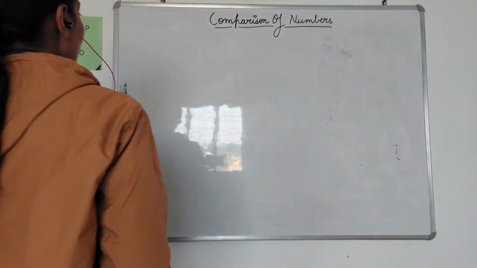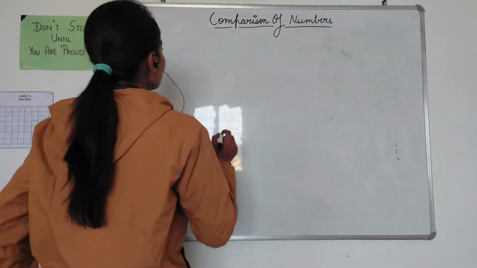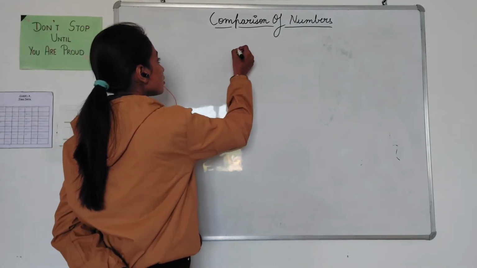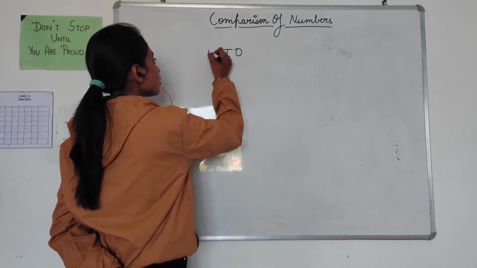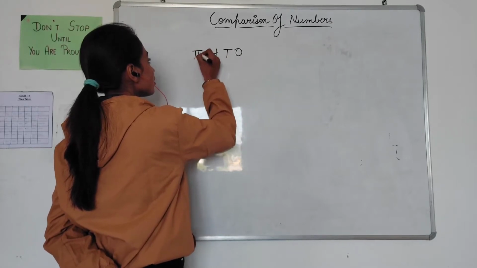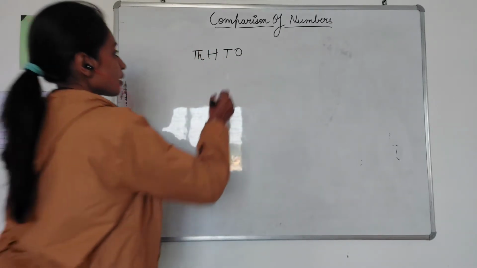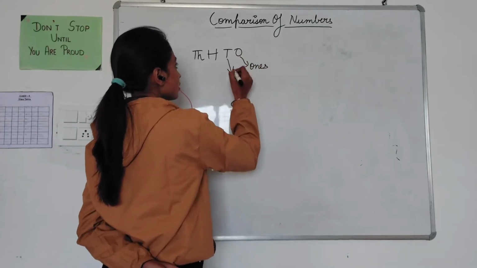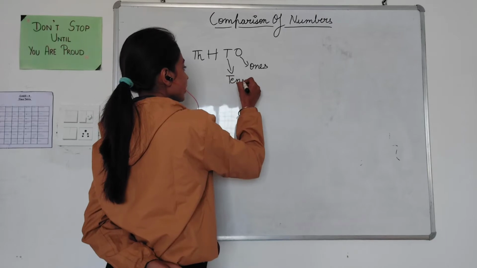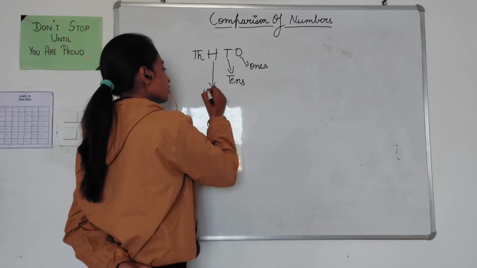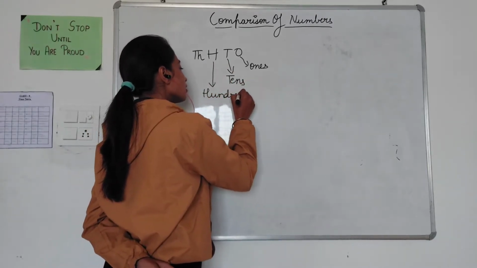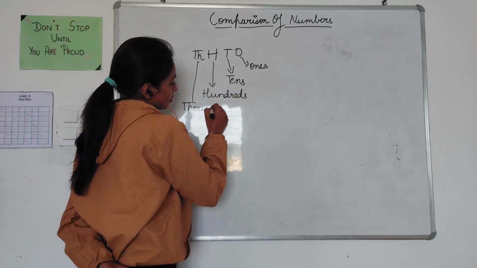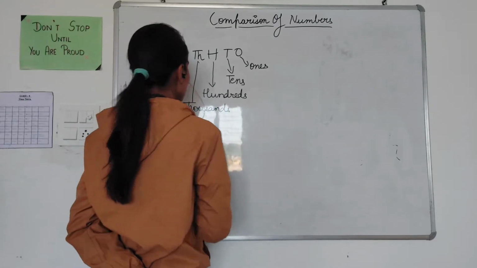So first of all, before starting, okay, this is ones place, this is tens place, this is hundreds place, and this is thousands place.